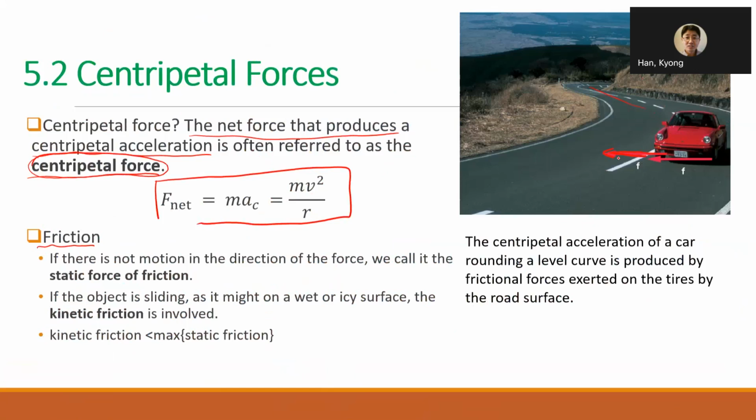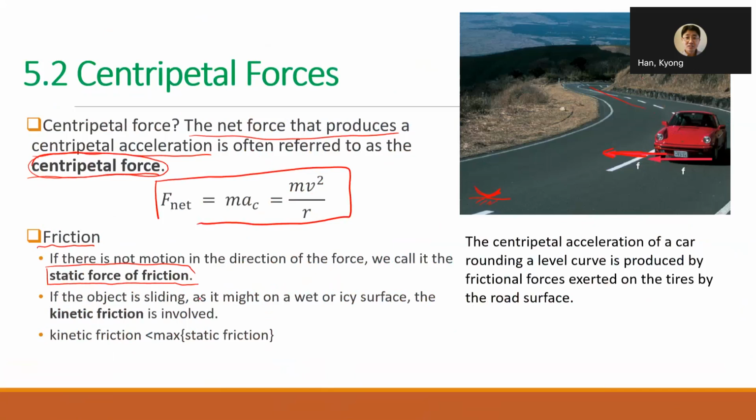A car is rotating. If there is no friction, for example on an icy road, the car cannot make this rotation and just goes straight forward. If there is no motion in the direction of the force, we call it static friction, because in this case the car is not slipping and there is no relative sliding.